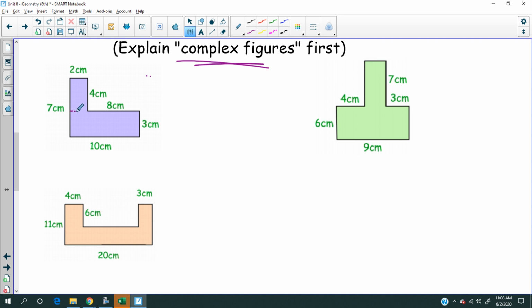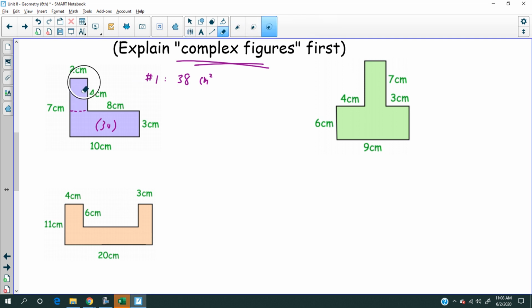Let's say we cut it off this way, so now we have two rectangles. Here we have a 2 by 4, so that's 8 centimeters squared, and here we have a 10 by 3, that's 30. So the first way, method number 1, is 38 centimeters squared.